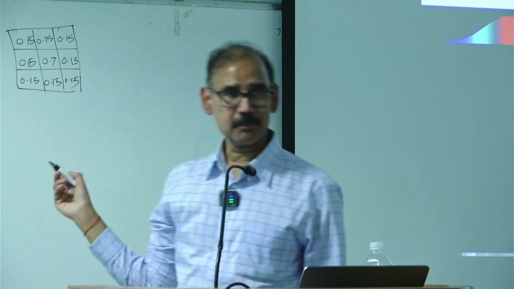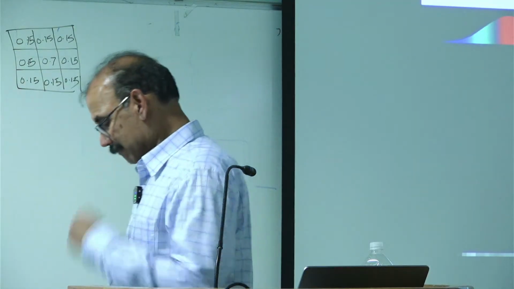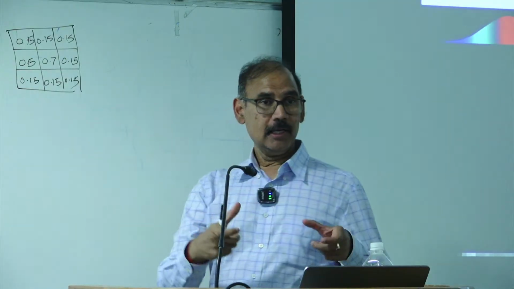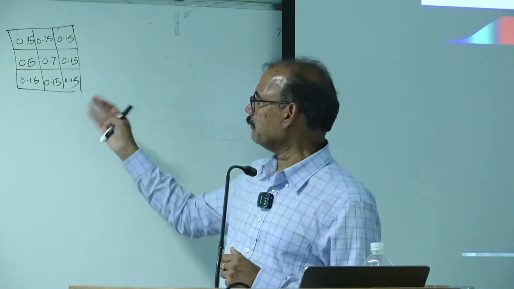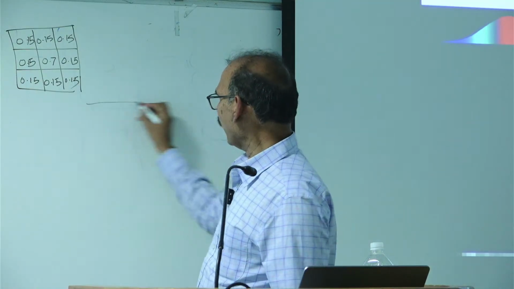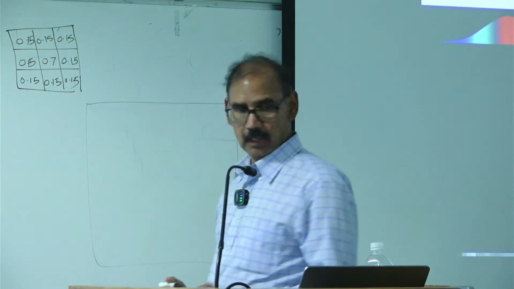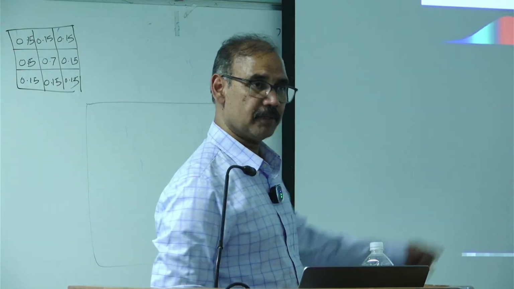So the center is 0.7, everything else is 0.15, right? So this is a 3 by 3 kernel, right? So that one was 7, but let's first assume this one, right? So it is 3 by 3, and then you have your image, right? Let's just assume we are using this image, right?